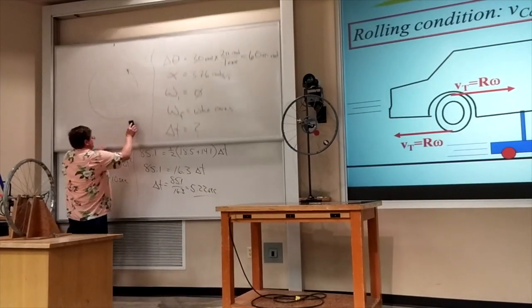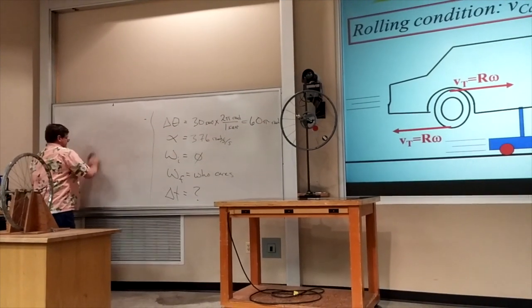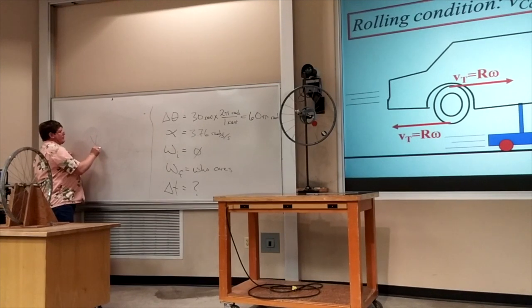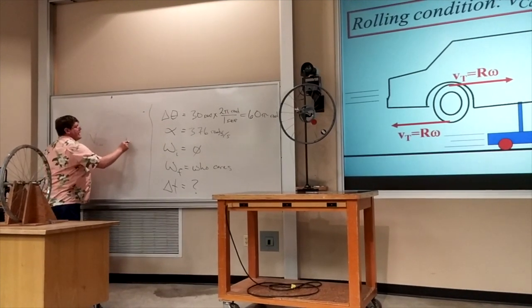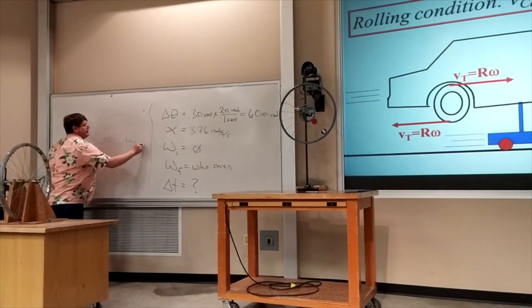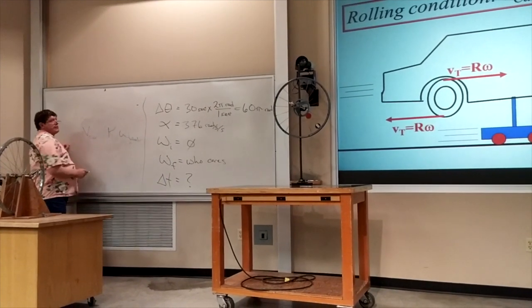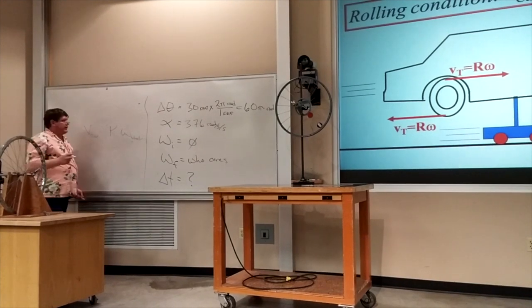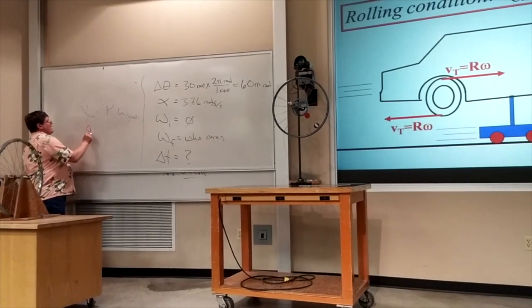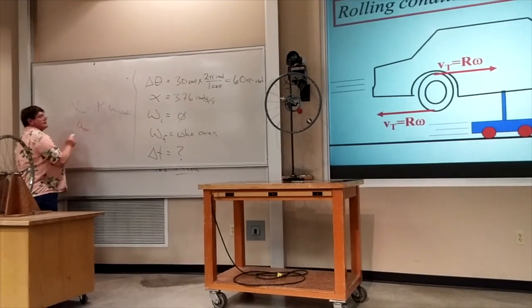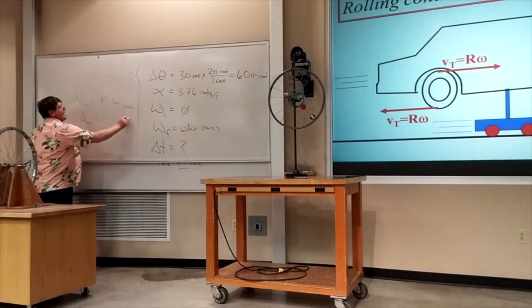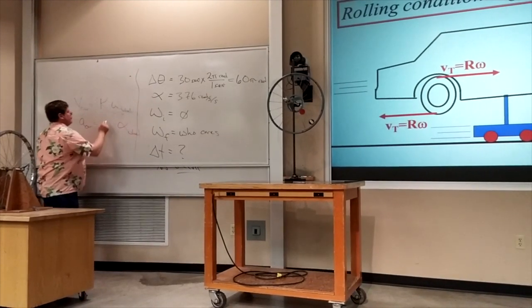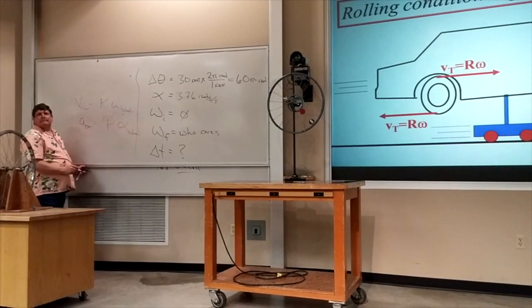And it's more general than that. We just showed that if we know the linear velocity of the car, we know the angular velocity of the wheels, we just have to multiply by the radius. Well, it turns out because of our operational definitions that the linear acceleration of the car will be the angular acceleration of the wheels times the radius of the wheel.